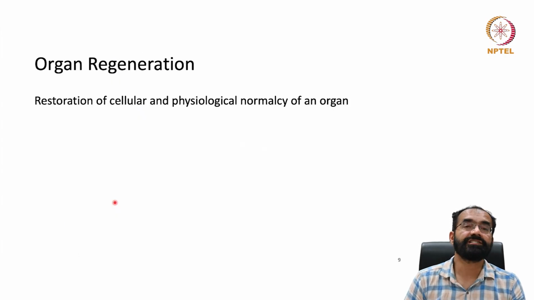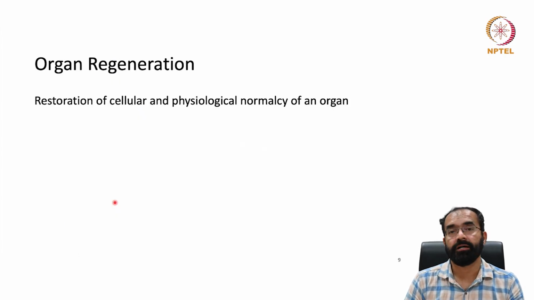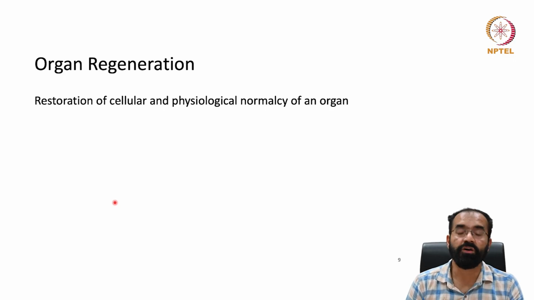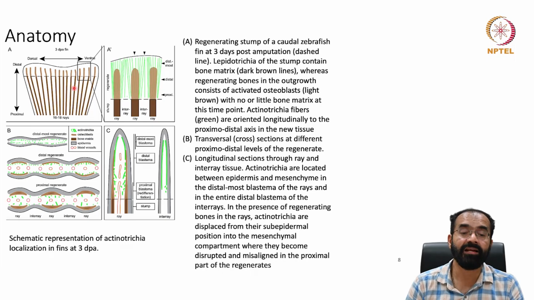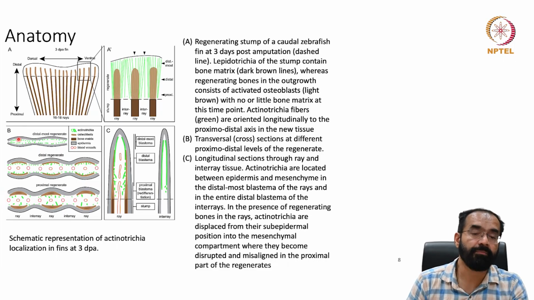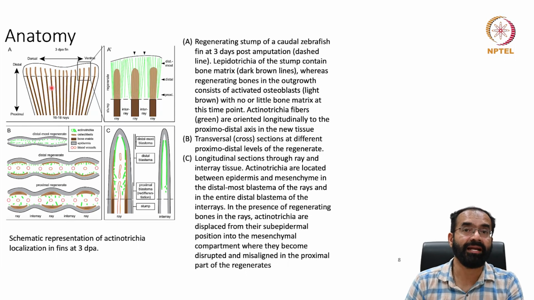So organ regeneration basically means the restoration of cellular and physiological normalcy of an organ. As you can see here, if there is damage, this is the structure which is normally present, and this is developing, and this extreme end is the growing cone, or the growing blastema cells.